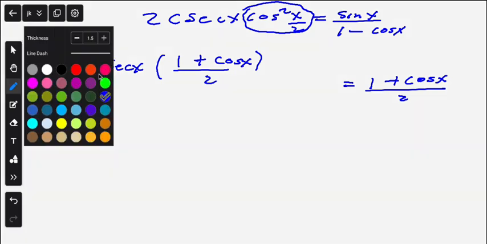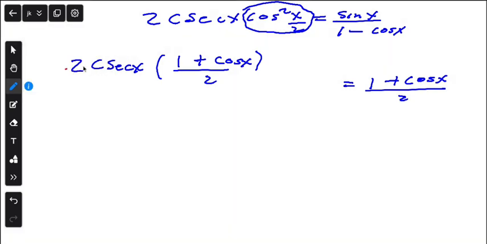So from here we can see that these can cancel each other. Cosecant is the same as 1 over sine x. Alright, then here we can open the brackets and then say 1 plus cos x.